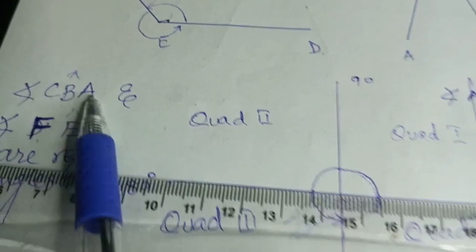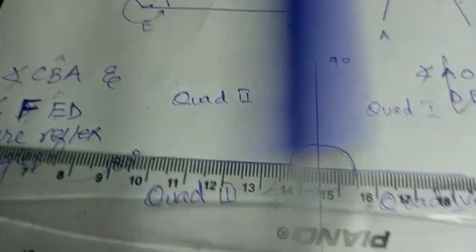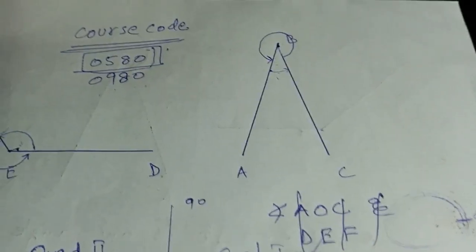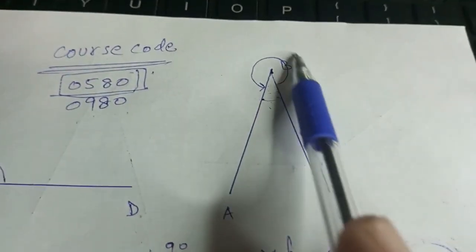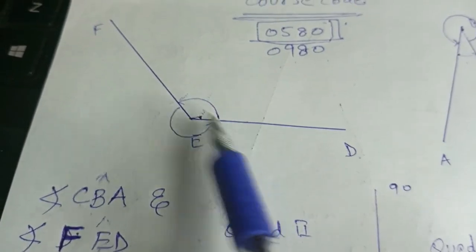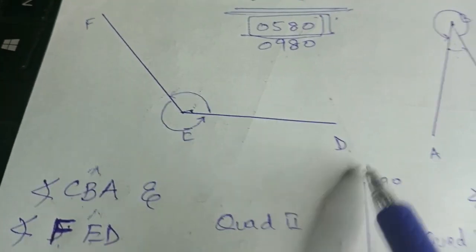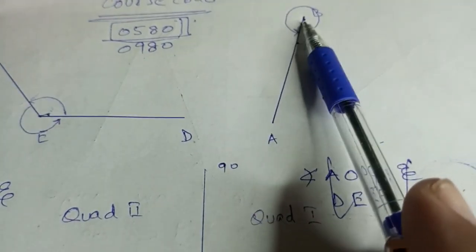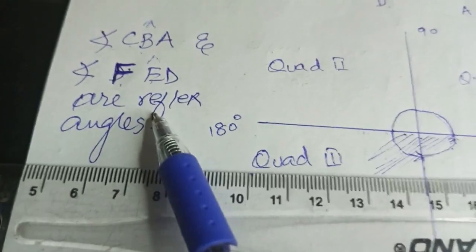So CBA and FED are the reflex angles, and you can see that it is going in the anti-clockwise direction. This also is going in the anti-clockwise direction. FED and CBA are the reflex angles.